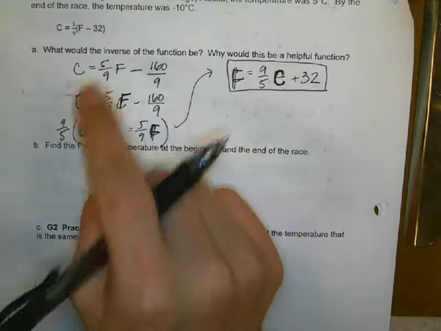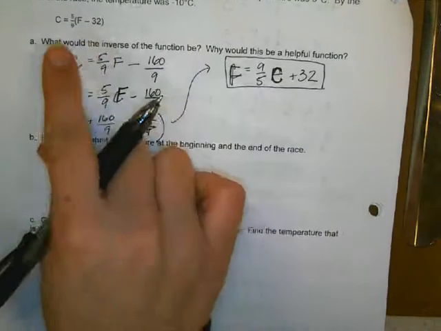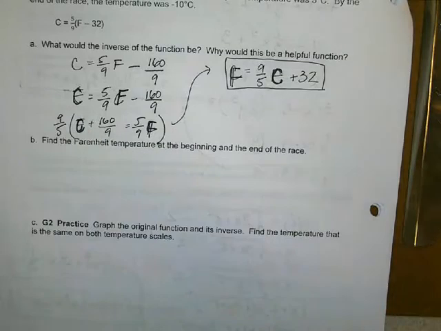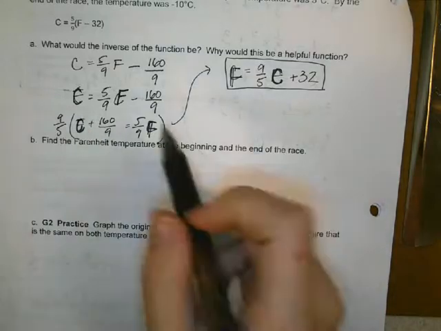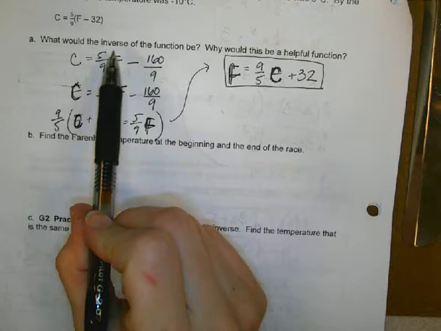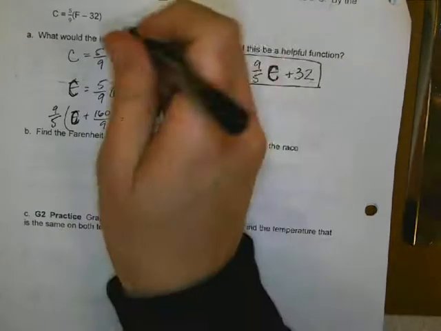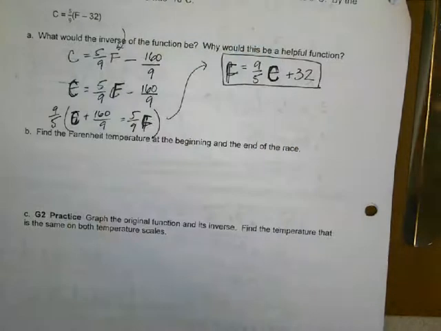In this case, because you're dealing with Celsius and Fahrenheit, the variables mean particular things in terms of temperature. When you find the inverse of the function, or the opposite, you would be solving for that f instead. So that's what we ended up doing.